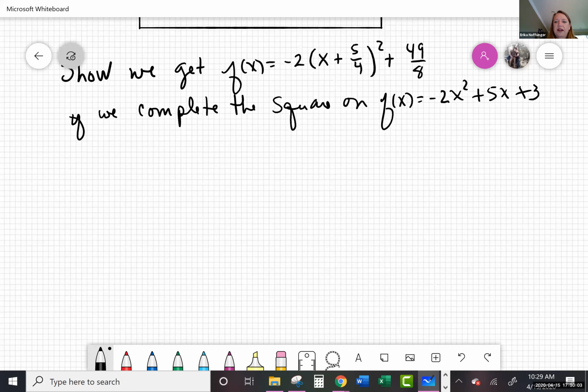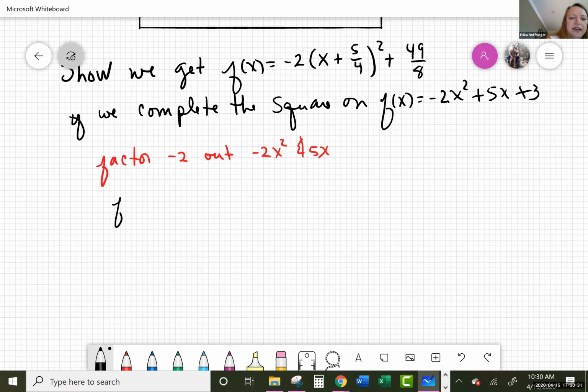Okay, so again, to complete the square, our value in front of the x squared has to be 1. And we can do that by factoring that number out of just the x terms. And so we're going to factor -2 out of -2x squared and 5x.